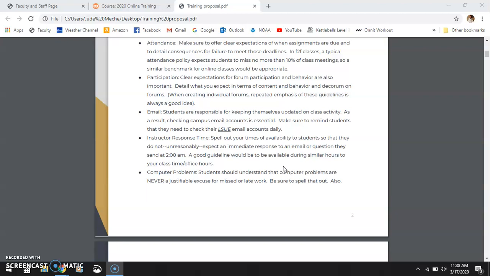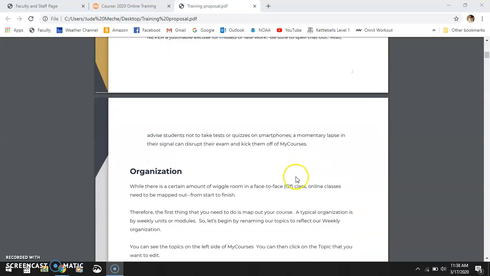Be sure to spell that out. Students will tell you their phone died. They'll come up with all kinds of excuses. They'll claim that they turned something in, but that it didn't show up. And you need to be clear with them that those kinds of things are not justifiable excuses.